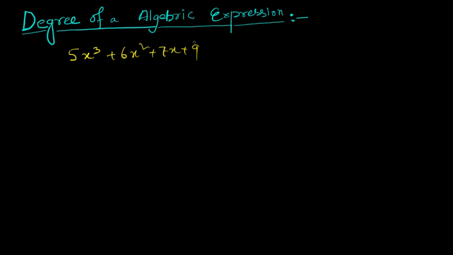So we have to find the degree of this algebraic expression. What will it be? It will be the highest power of the variable. So we can first find out the variables.